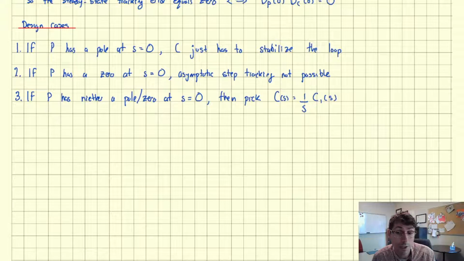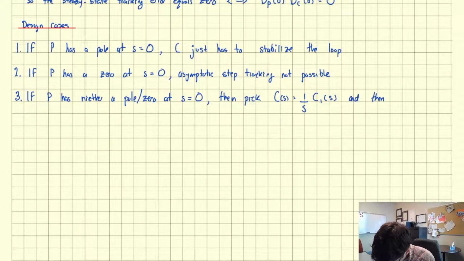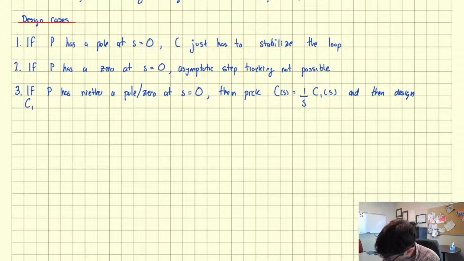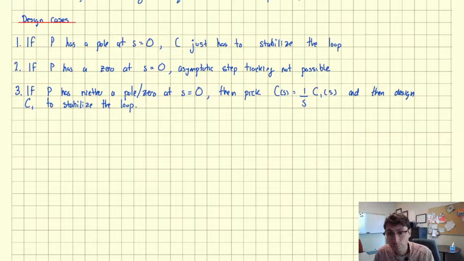And the role of C1 now is just to stabilize. So 1 over s provides the integration, and C1 is the stabilizer. And then design C1 to stabilize the loop. All right. Okay, so integral control is needed for step tracking.